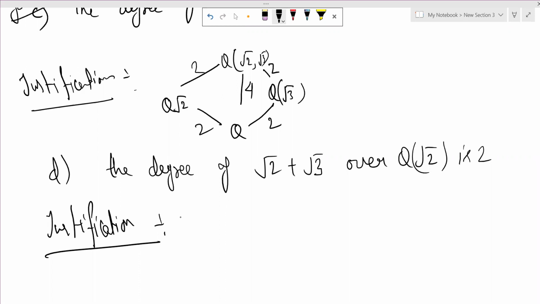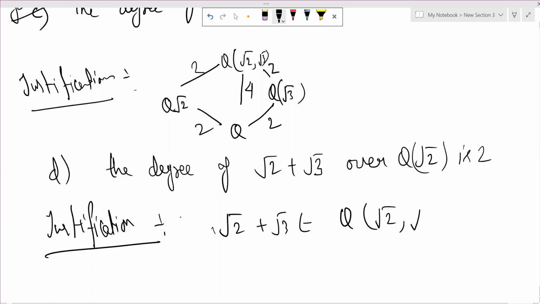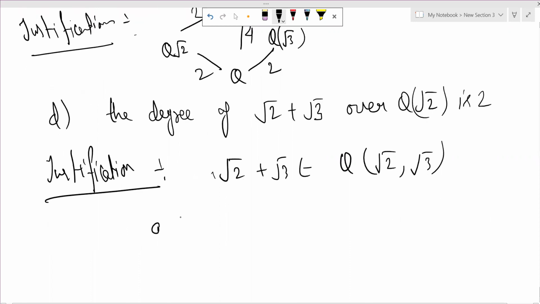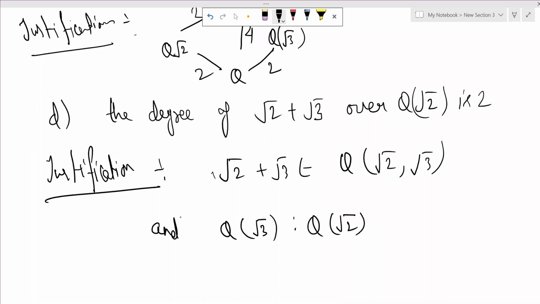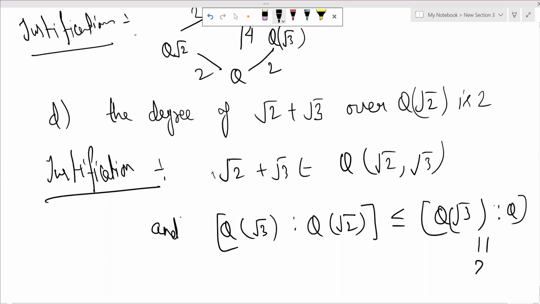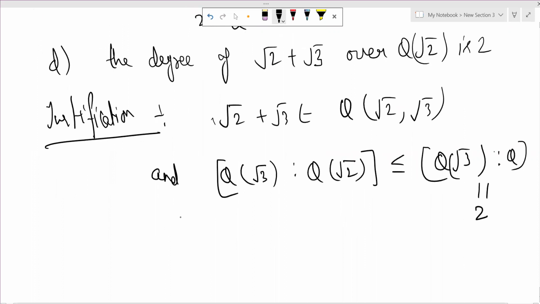By this, the degree of root 2 plus root 3 belongs to Q(root 2, root 3) over Q(root 2). This degree of extension is less than or equal to Q(root 3) over Q, which is equal to 2.